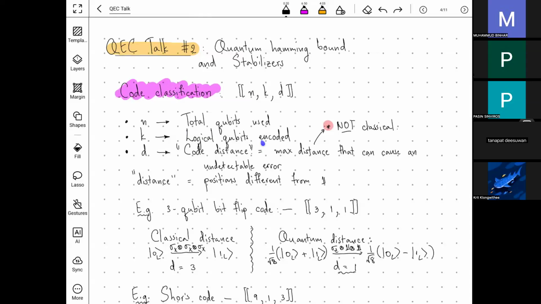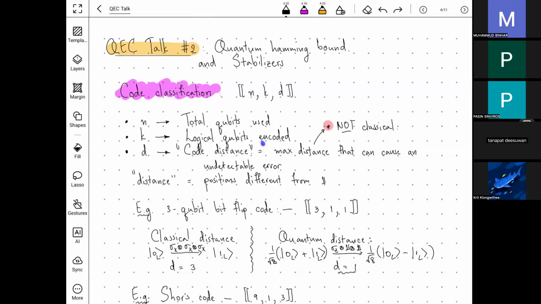If there are multiple code words, then it's the minimum number of errors. But since a quantum error correcting code has some variations that cannot correct all types of error, we change this definition into the max distance that can cause an undetectable error. And when I say distance, that means the number of positions that are different from the identity.